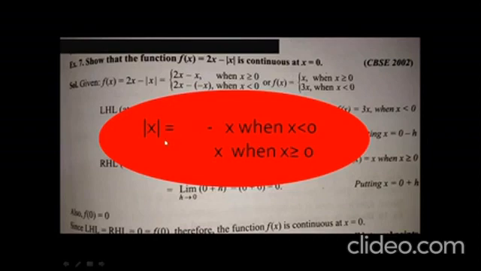And look at the modulus case, mod of x is equal to minus x when x is less than 0. If we apply this in the given function, we get 2x minus (minus x). Minus multiplied with the minus sign, we get plus.